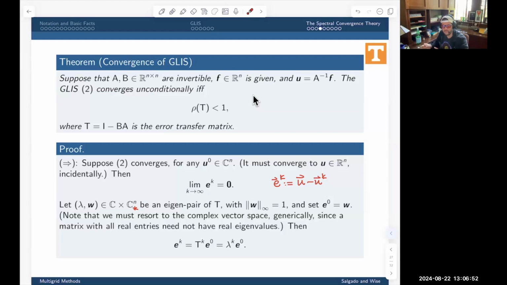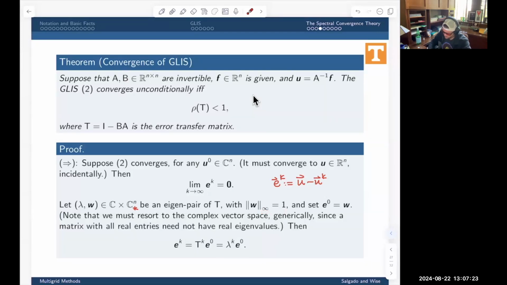Remember, an eigenvector can never be equal to the 0 vector. That's a law of nature. So we have this pair of a complex number and a complex n vector, and it's an eigenpair of T, and we're going to assume that the infinity norm of W is equal to 1. We can use any norm we like, but let's use the infinity norm, and let's assume that W is normalized so that its norm in the infinity norm is 1.